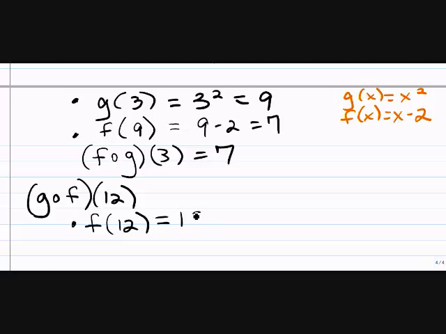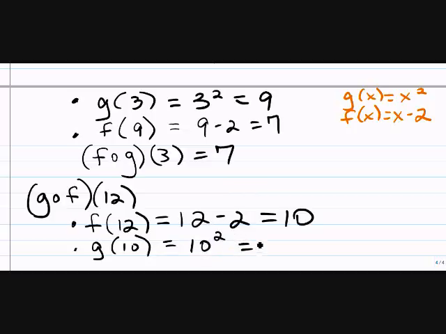So f of 12 is 12 minus 2. That's 10. Then I put that 10 into the g function. So g of 10, g of x is x squared, so 10 squared is 100. So that means g of f of 12 is equal to 100.